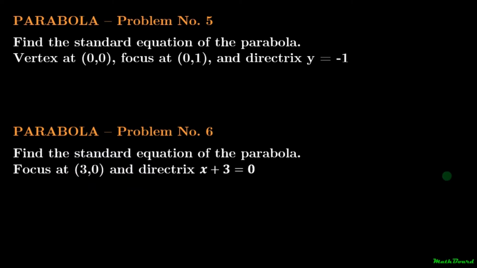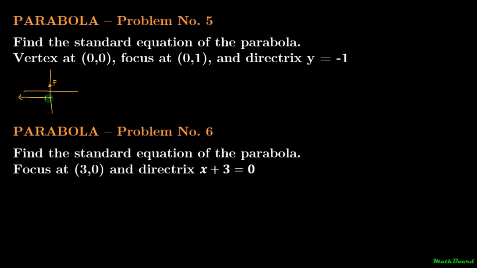Let's proceed to the parabola. Find the equation of the parabola given that the vertex is 0, 0, focus at 0, 1, directrix y is negative 1. If we are going to plot this one, 0, 1 here, this is the focus, and the directrix is negative 1 here.